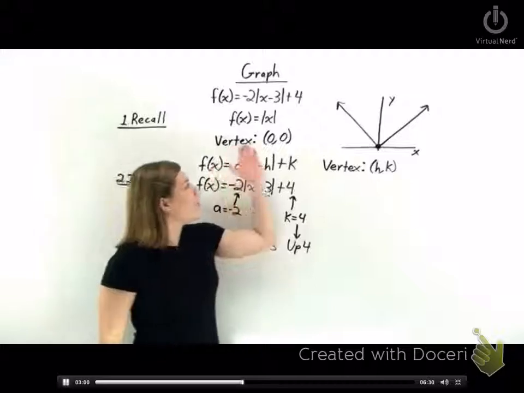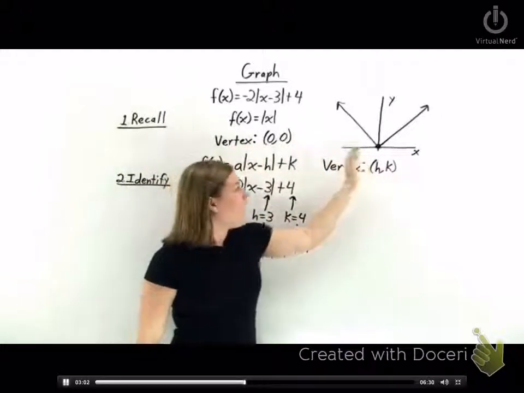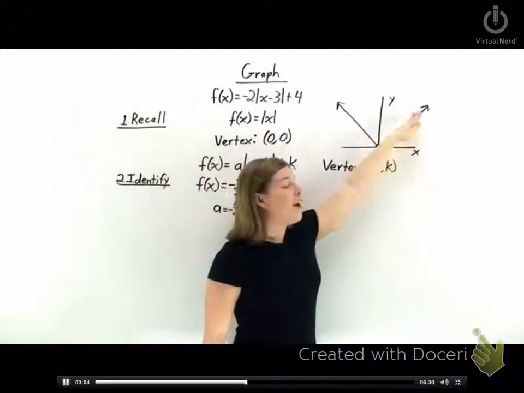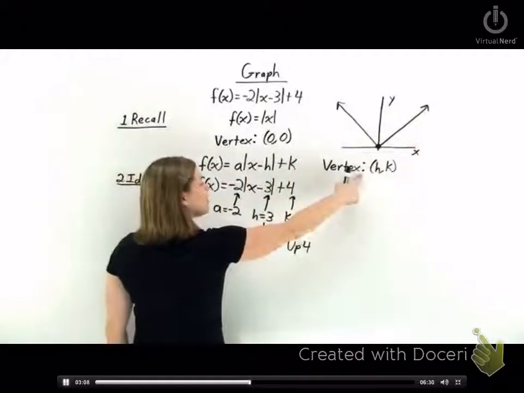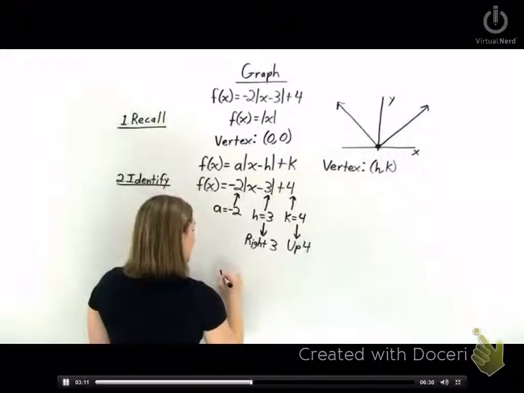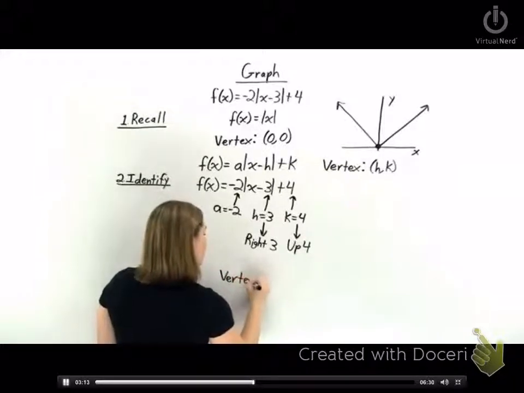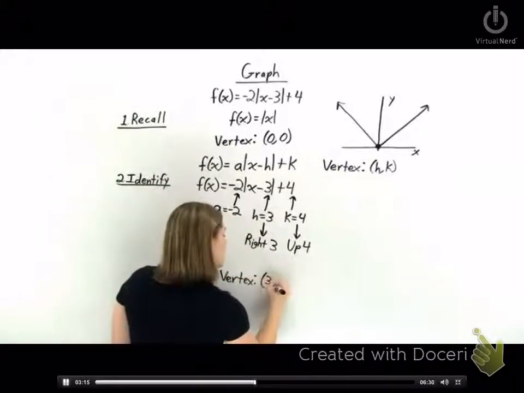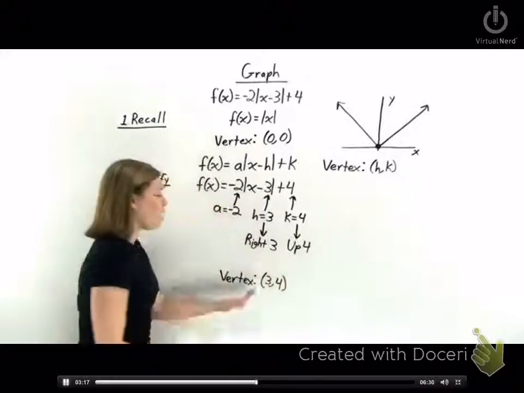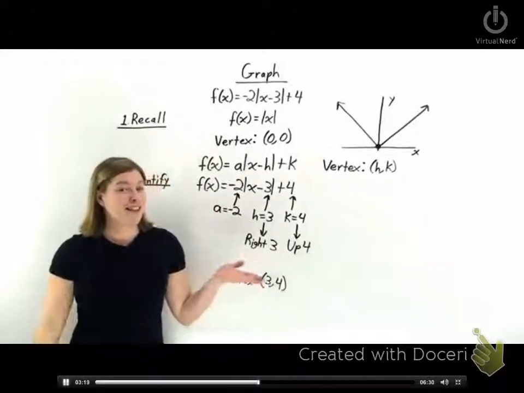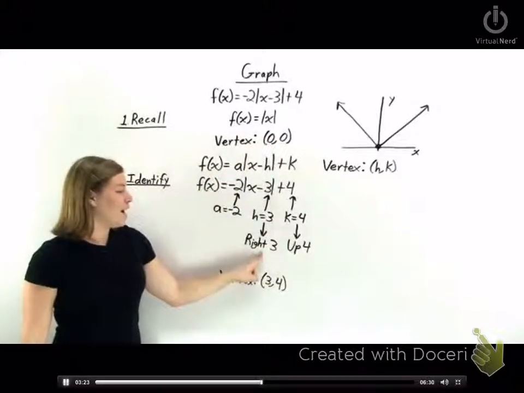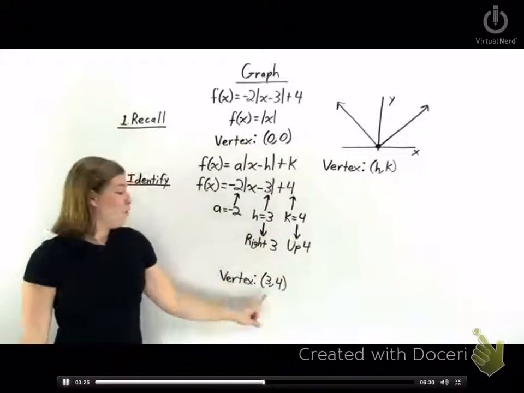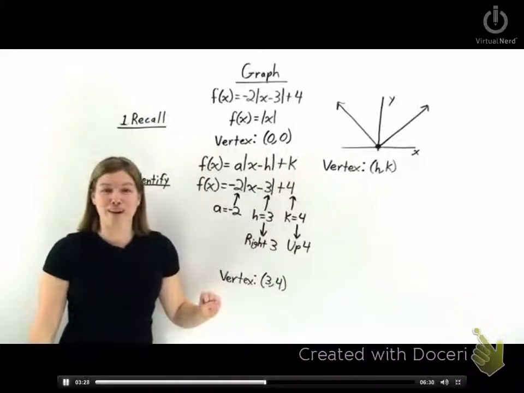So, if we take our original parent function graph and shift it to the right 3 units and then up 4 units, we will get a new vertex. The vertex will be at the point h, k. So, our vertex is the point h, k, or 3, 4. And that makes sense. Taking our original vertex of 0, 0, shifting it to the right 3 units, and then up 4 units, will make the new vertex 3, 4.